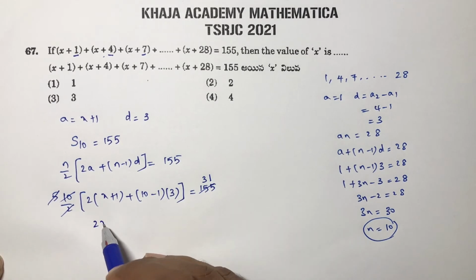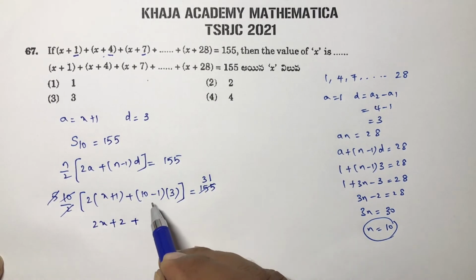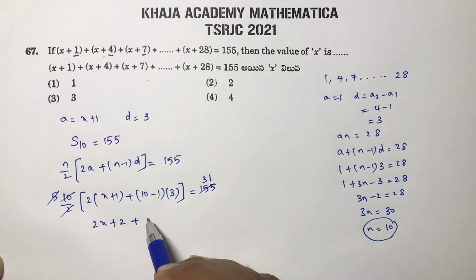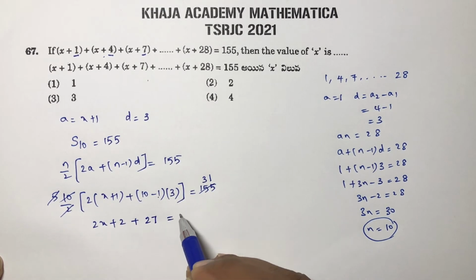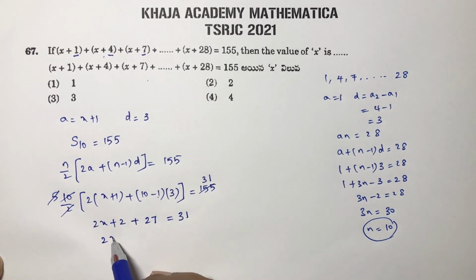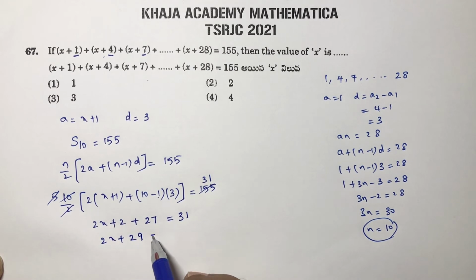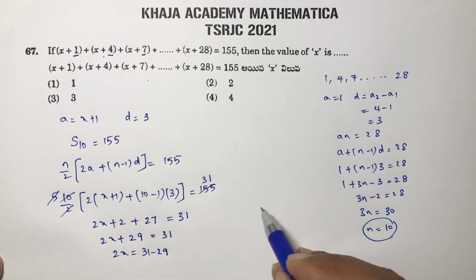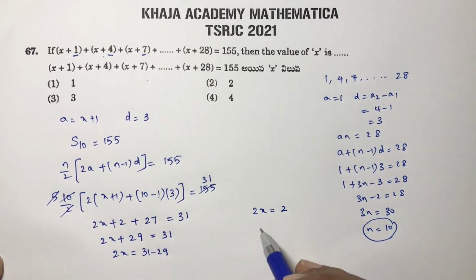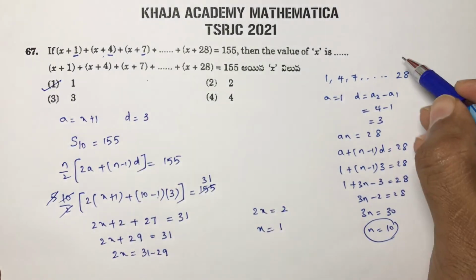Next, 2x plus 2 plus 10 minus 1 is 9. 9 times 3, 27, equals 31. 2x plus 29 is 31. 2x is 31 minus 29. So 2x equals 2, x equals 1. So the correct option is 1.